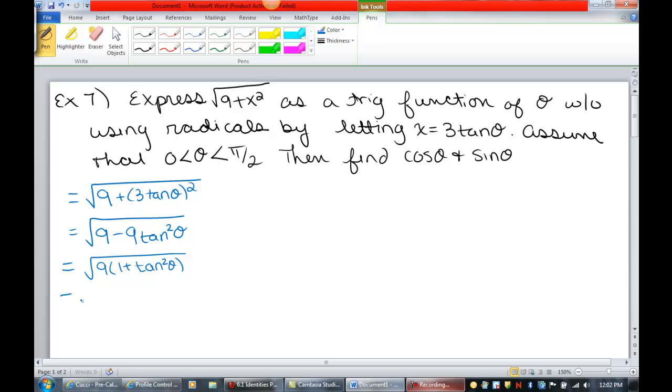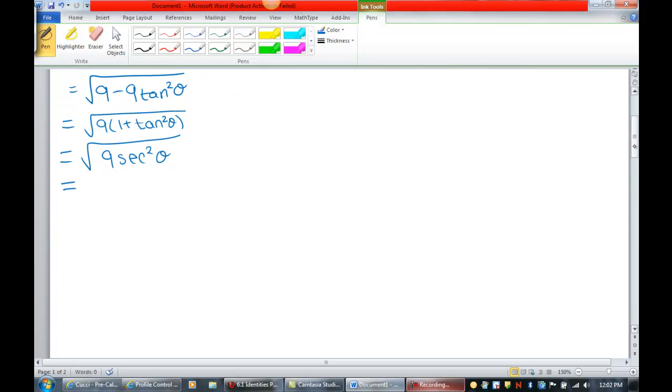By doing that, what I've done is I've uncovered one of our identities. Okay, 1 plus tangent squared theta, we know otherwise as secant squared theta. Okay. And also what I now have underneath this radical are 2 perfect squares. Square root of 9 is 3, and square root of secant squared theta is secant. Now again, we're using the absolute value because we are assuming that it's positive.